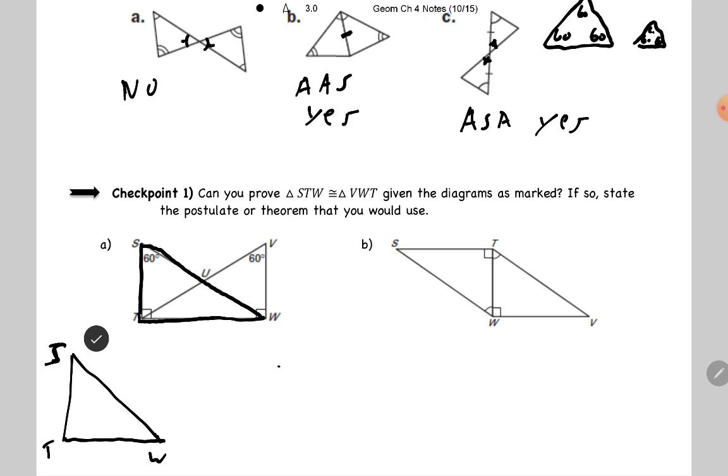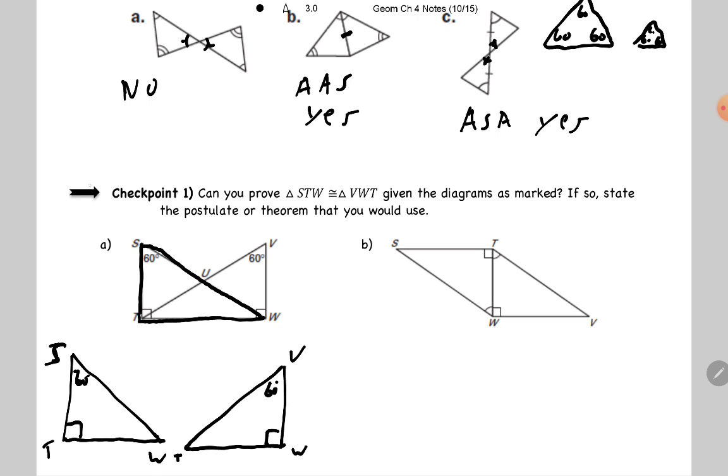And then we have VTW or VWT. And we know that they both have right angles. And we know that's 60 degrees here. So notice, sometimes it's easier to just keep the picture how it is.